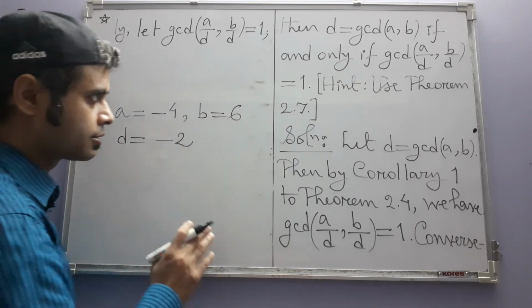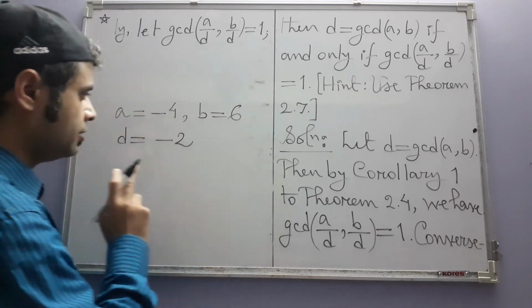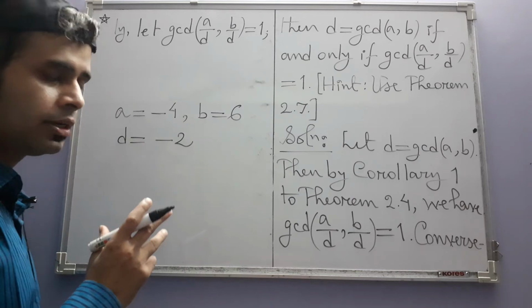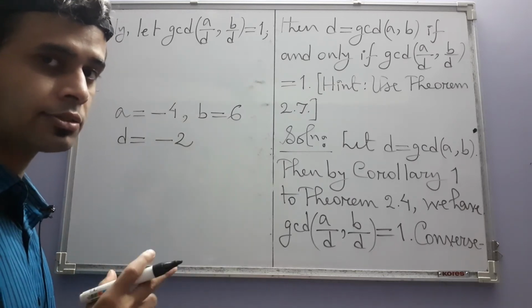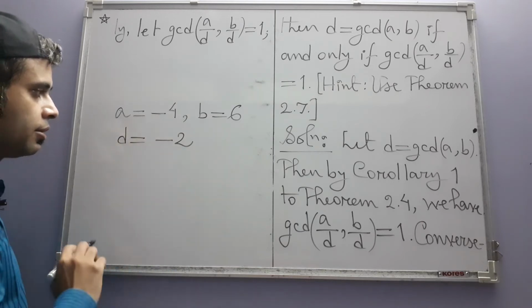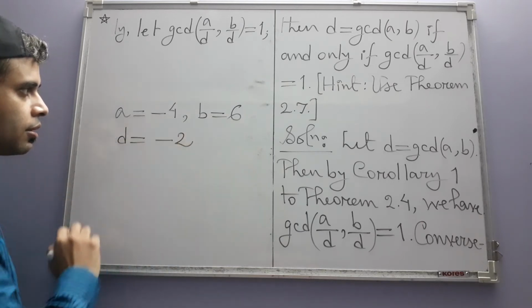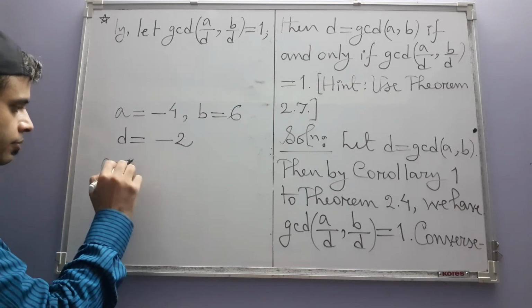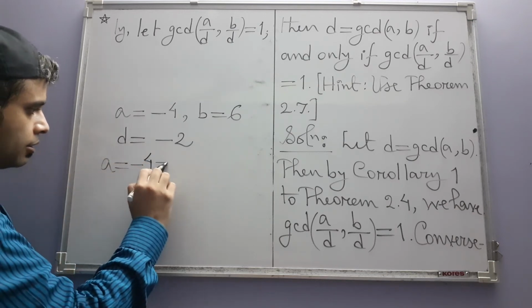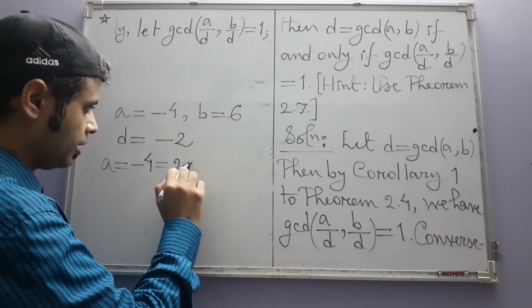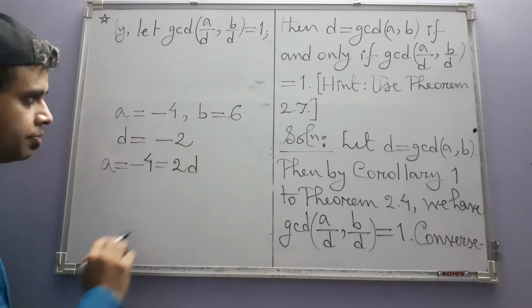However, in the exercise it's given that D is a common divisor of A and B. It has not been explicitly mentioned that D has to be positive. Here we have deliberately taken D to be negative. This is also a common divisor of A and B. Why? Because A is an integer multiple of D. A is equal to 2D.